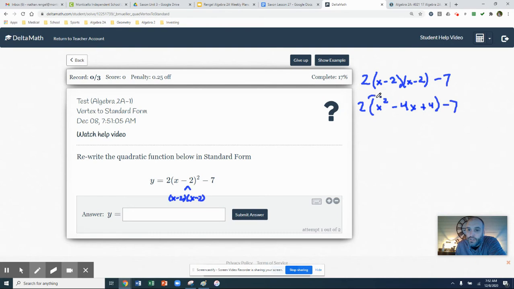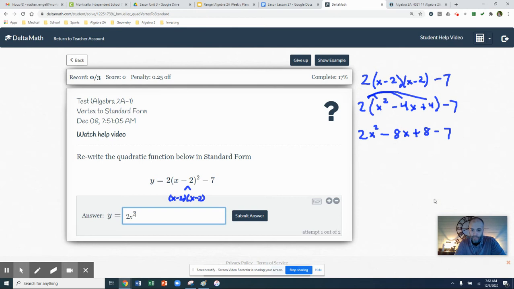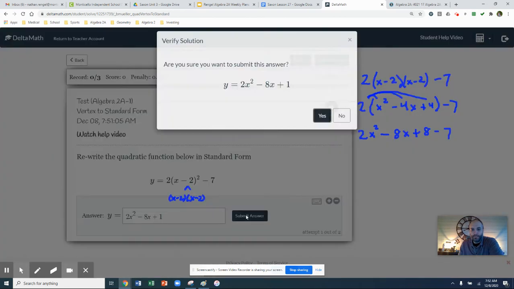Now I'll distribute the 2 out to each value, which will be 2x squared minus 8x plus 8 minus 7. Now 8 minus 7 is just going to give me 1. So I'll get ready to type in my answer. 2x, shift 6 for squared, minus 8x plus 1, because 8 minus 7 will give me 1, and then I can hit submit.